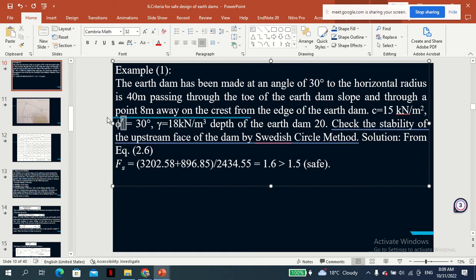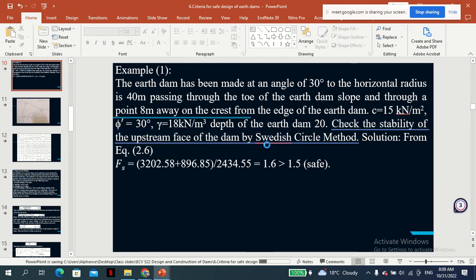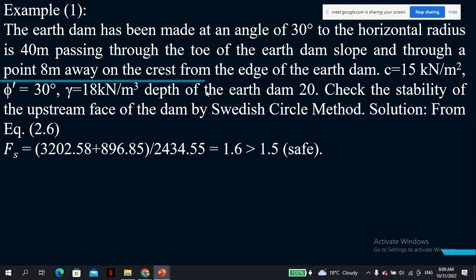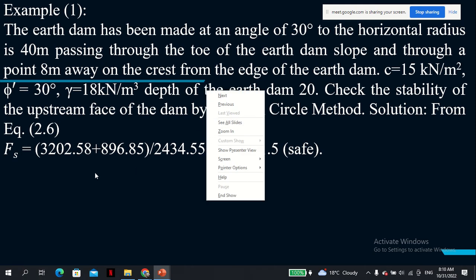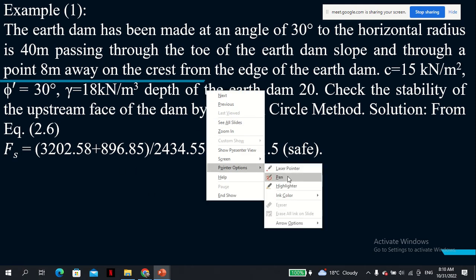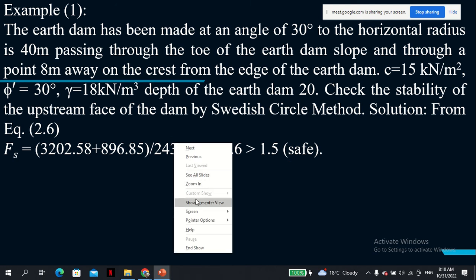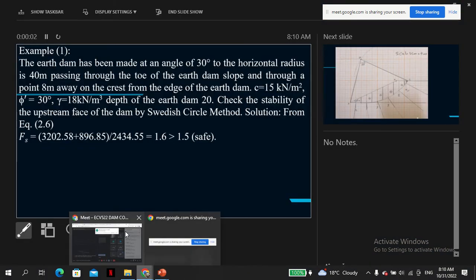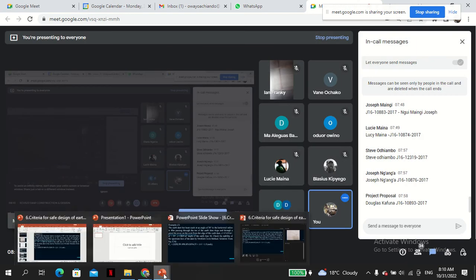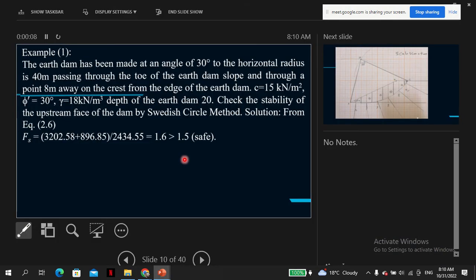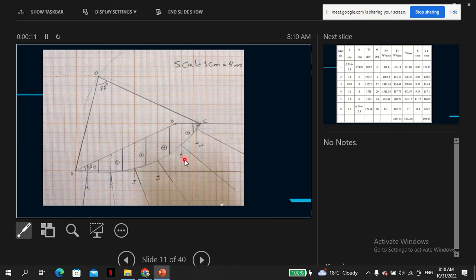As a good student, you should go after this class and make sure that you can find that factor of safety and see how all these figures are obtained. Okay, so that's 1.6, greater than 1.5, is safe. Actually, I think this is spoon feeding.